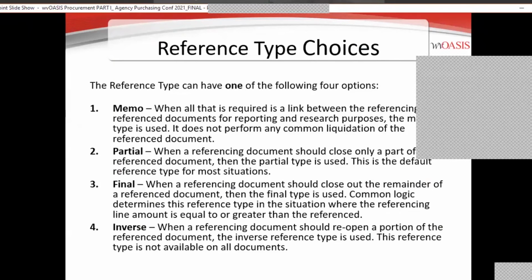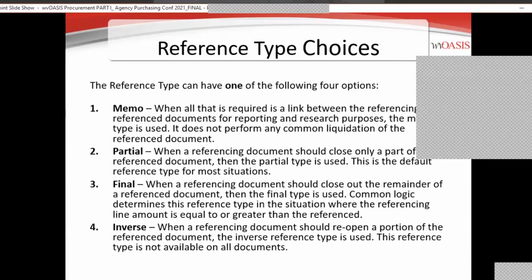Partial is when, like in the payment process, you're not paying for that full amount. The system is always, in most cases, going to default to partial, unless that line is for the full amount of the document that's being referenced. In that case, it will automatically change to final.